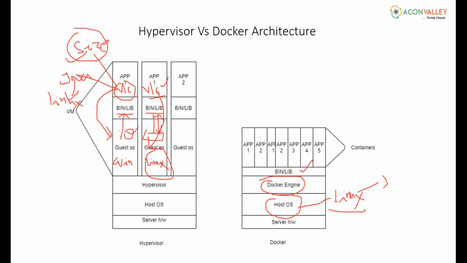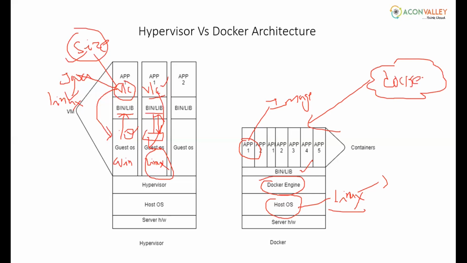So when you run this kind of application in Docker engine, Docker will fetch the image from the cloud, and that cloud is called Docker Hub. You are fetching the image from the Docker Hub.